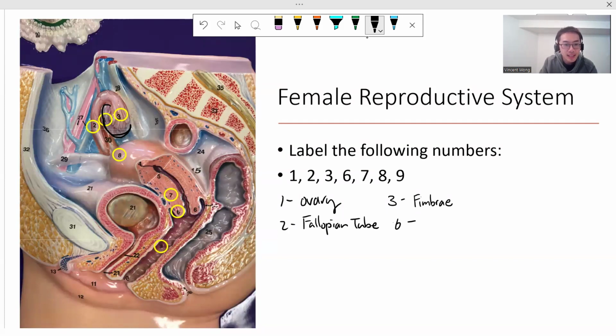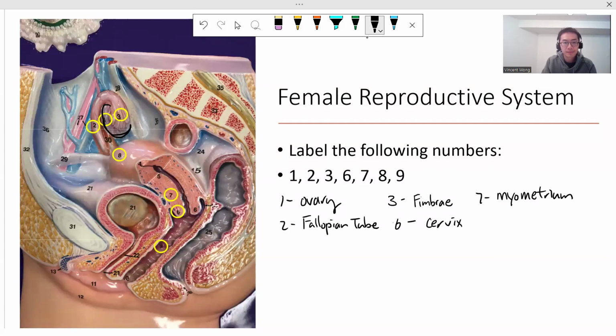Number 6 is the neck of the uterus. That is the cervix. Seven is the muscle, so that's the myometrium.